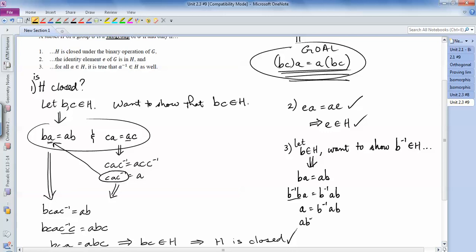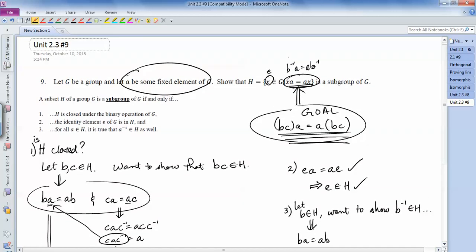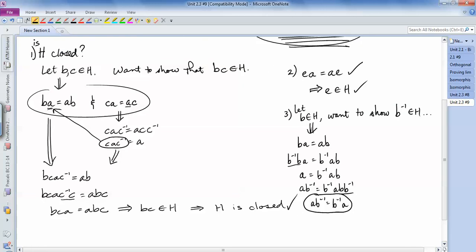So AB inverse equals B inverse AB B inverse, and then that's going to turn into E. So now I'm just left with AB inverse equals B inverse A. Well, that's what I'm trying to prove: B inverse A equals A B inverse. That's what this says, just with the sides switched. So that's enough to prove that B inverse has to be in H also.